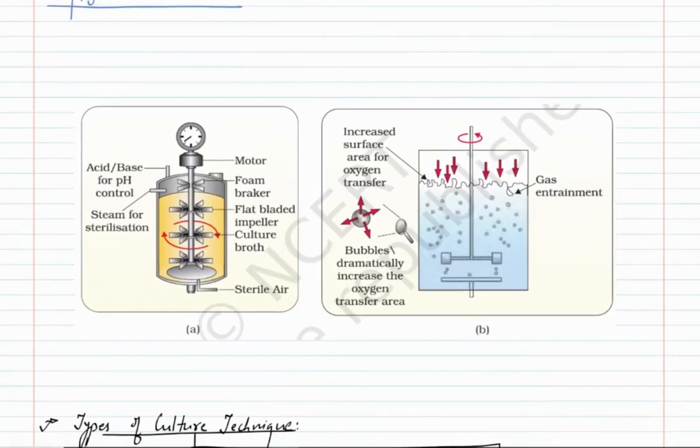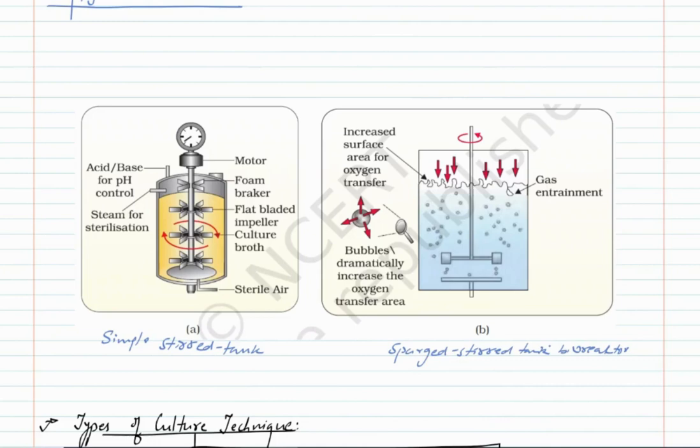The most commonly used bioreactors are of two types. One is known as a simple stirred tank bioreactor, and the other is known as a sparged stirred tank bioreactor.